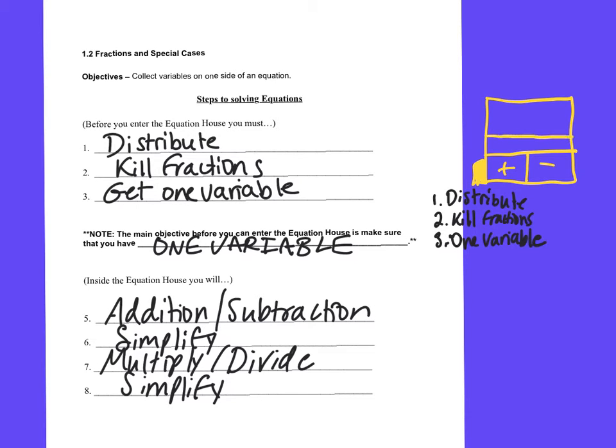That's the first floor. The second floor is to simplify. I'm just going to put "simp" to abbreviate. Then we've got multiplication and division, and then simplify again. And then we've got our attic, which means our answer.